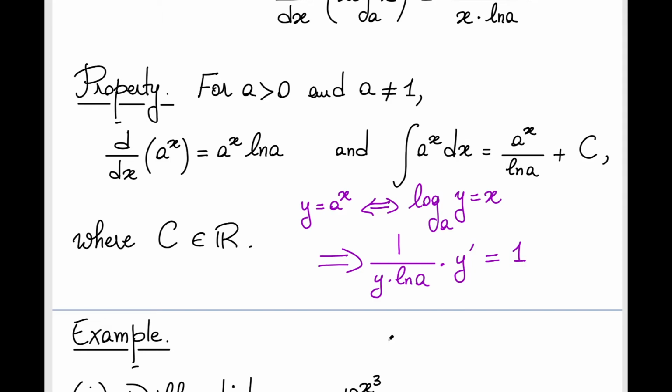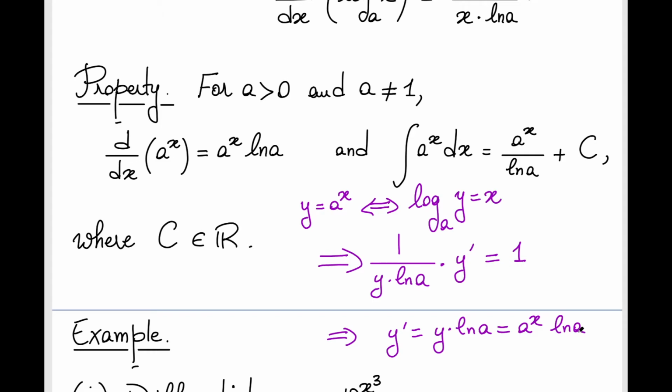This means y prime is equal to y times ln a. And what is y? That's a^x.